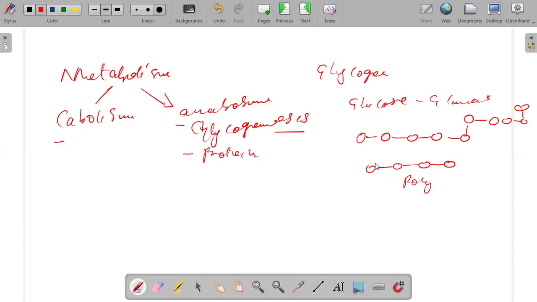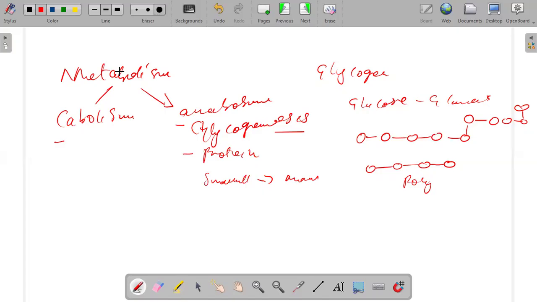We get small units of amino acids, we put them together, we form a more complex molecule, which we call a protein. That is a good example of anabolism. We are simply converting small molecules, linking them together to form a more complex molecule. That is anabolism. I hope people are clear on anabolism, something that you need to understand. I hope people are clear there, okay?